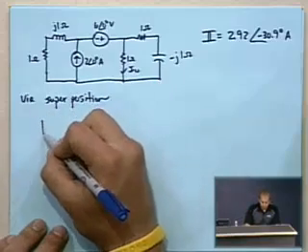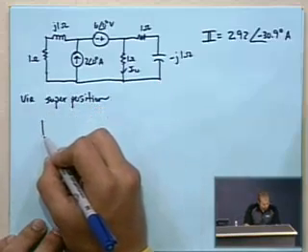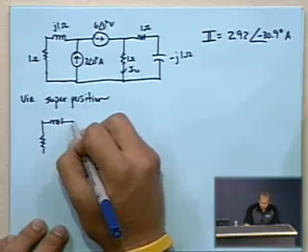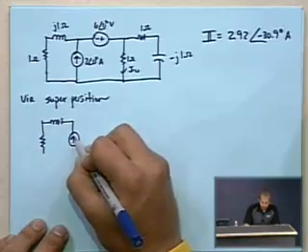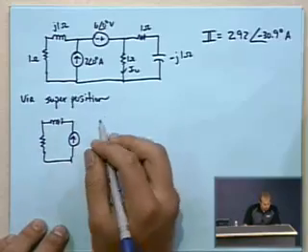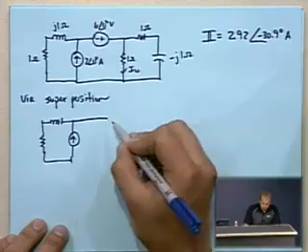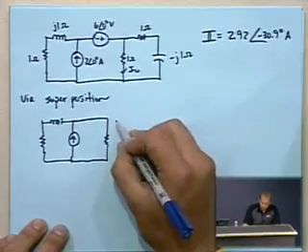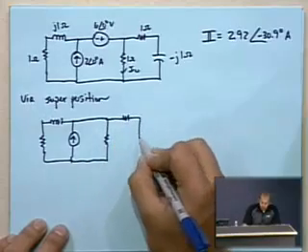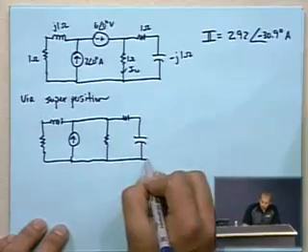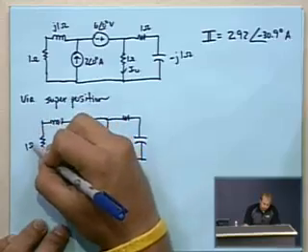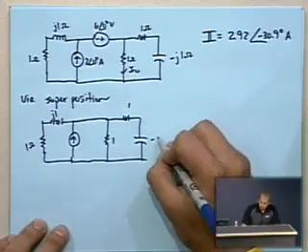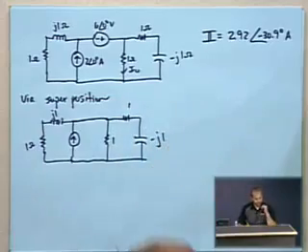First thing to do is to short out the voltage source. So we've got a short here, we've got resistance, and we've got resistance and a capacitance. And so this is a pretty straightforward circuit. 1, 1, negative j1.